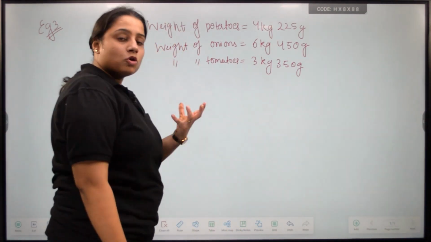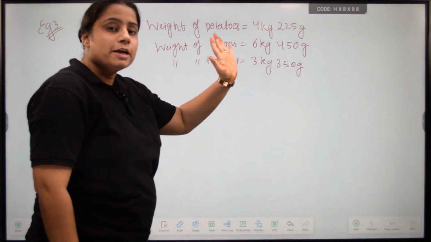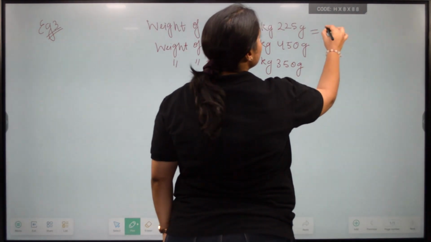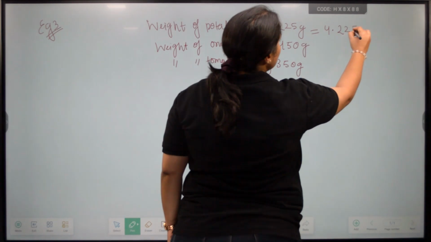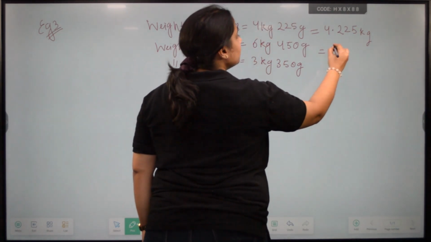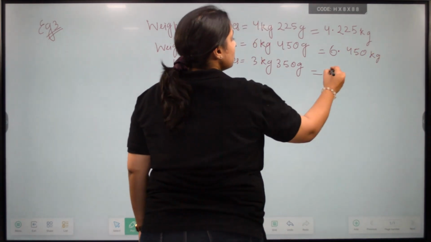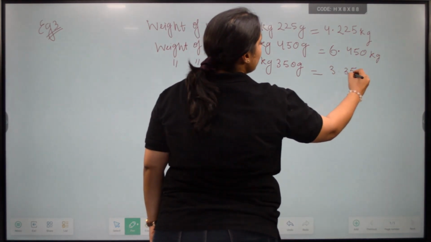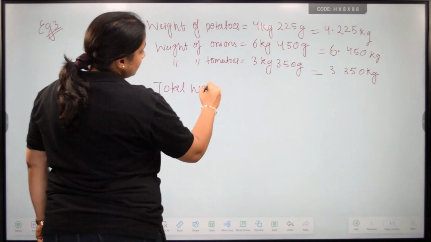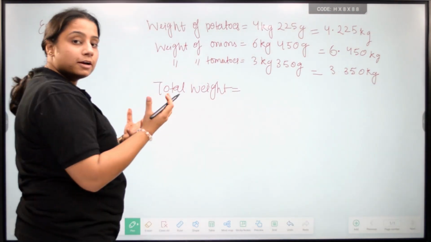In order to find the total weight of vegetables, we need to convert these weights into a single unit. I'll convert it into kgs. So it will be 4.225 kg, 6.450 kg, and 3.350 kgs. Therefore, total weight is equal to, let's add these column-wise.